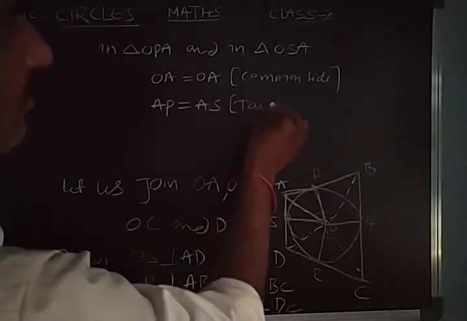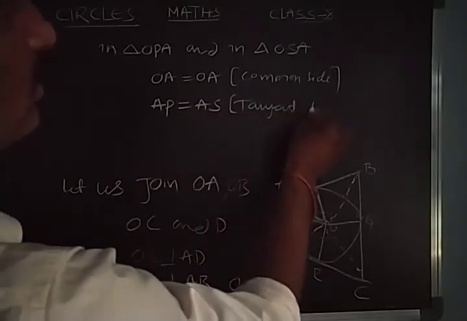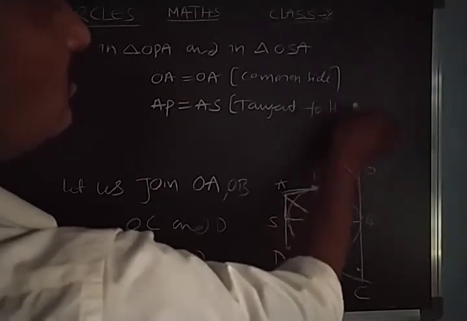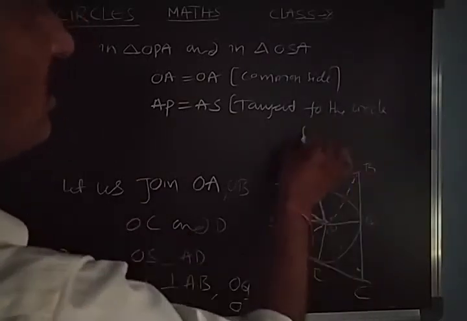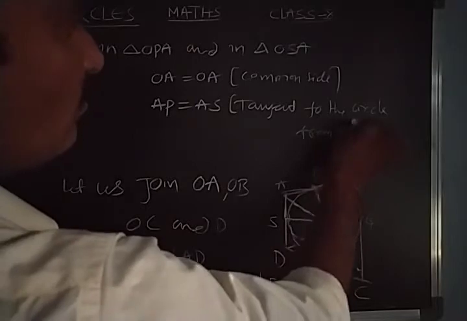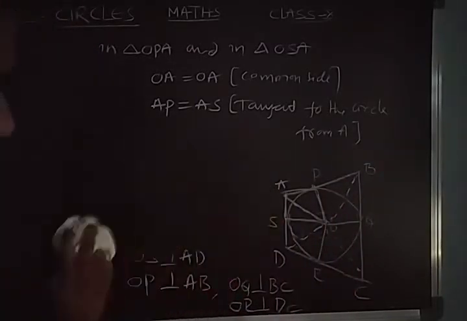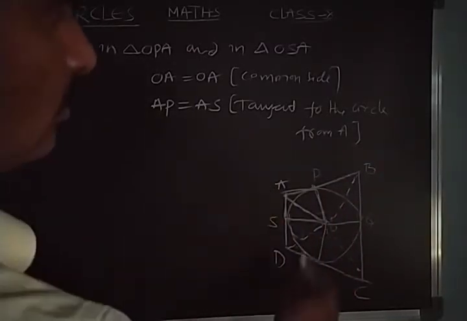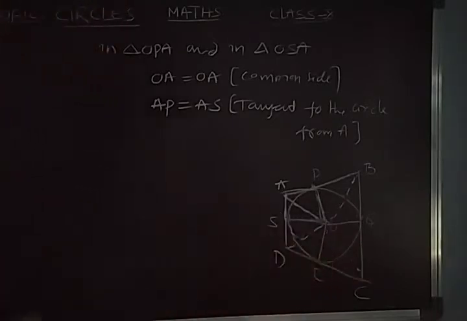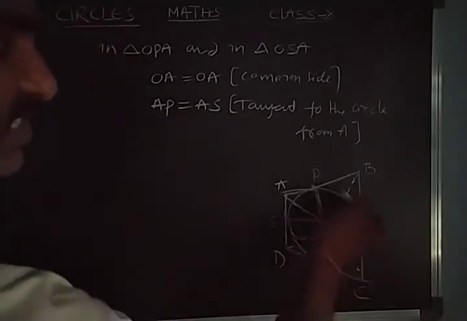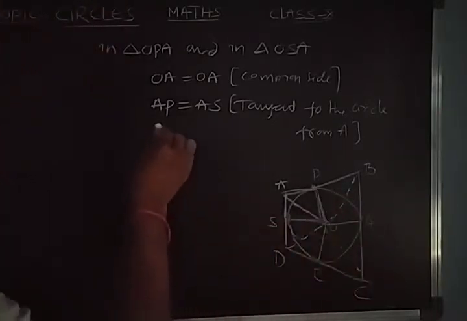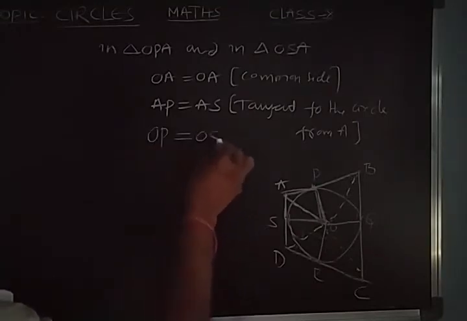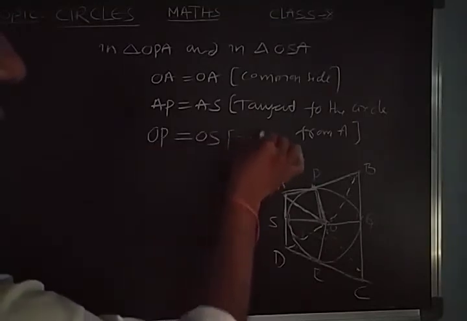Tangents drawn to the circle from A, right? Next, OP equal to OS. Why? Because they are radii of the circle.